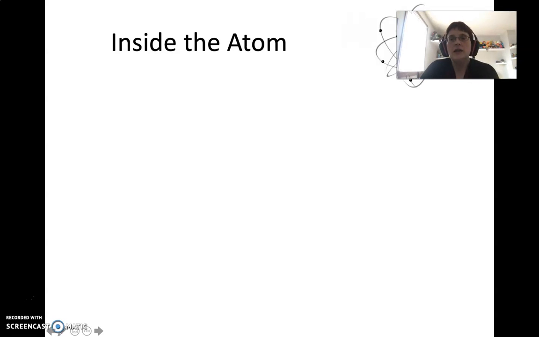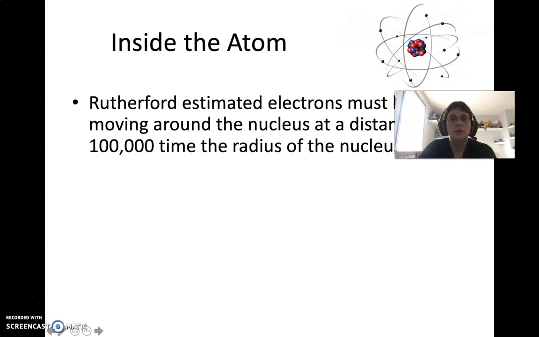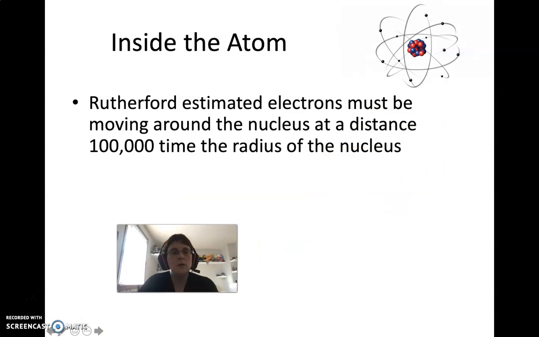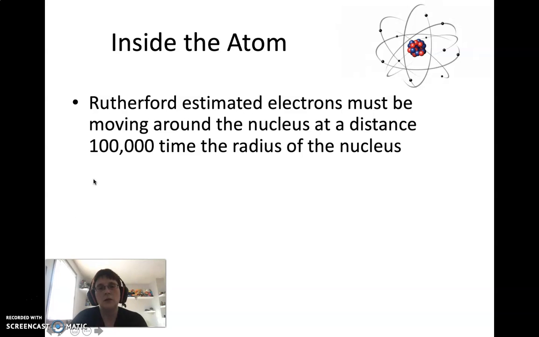So they knew then that there's this nucleus, this really tightly bound area that was positively charged, and we knew that there were electrons. Rutherford estimated from his research with that gold foil experiment that the electrons must be moving around the nucleus at a distance about 100,000 times the radius of the nucleus.